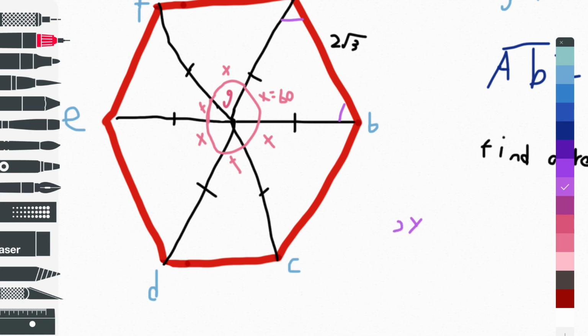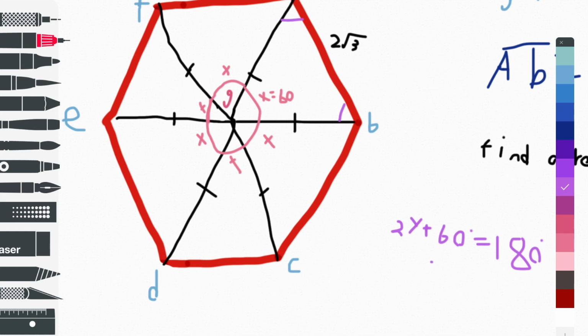So 2y plus 60 degrees is equal to 180 degrees.